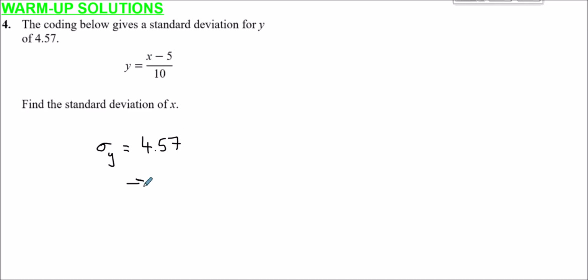So we can go back and work out the standard deviation of x by multiplying the standard deviation of y by 10. And we don't need to worry about this minus 5 at all. That would only affect the mean or the central tendency. It would not affect the spread in any way. So the standard deviation of x is going to be 10 lots of the standard deviation of y.